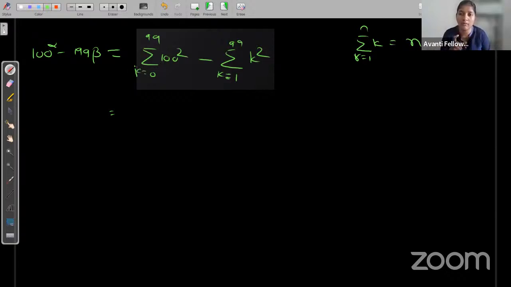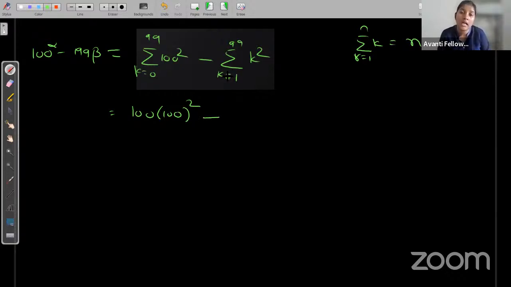What is the total number of terms from k is equal to 0 to 99? Okay. I'm expecting answers from you guys. It will be 100, right? This is the 0 term and 1 to 99, 99 more terms. So the total will be 100 terms into 100 square, correct?